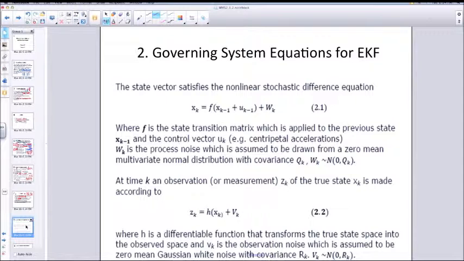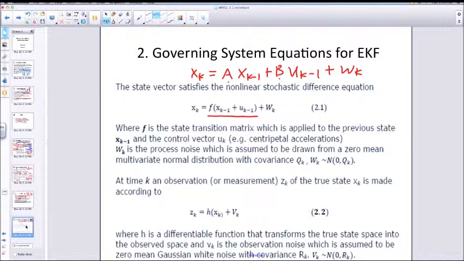So how do we write the nonlinear Kalman filter? Step 1, see what I changed? The previous one is xk equals A xk minus 1 plus B uk minus 1 plus wk. But this time, I put these together into a function f.